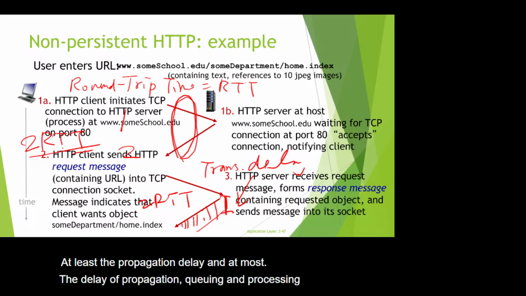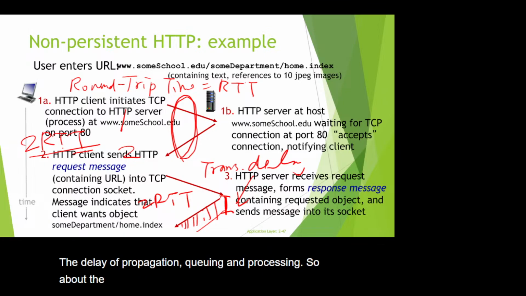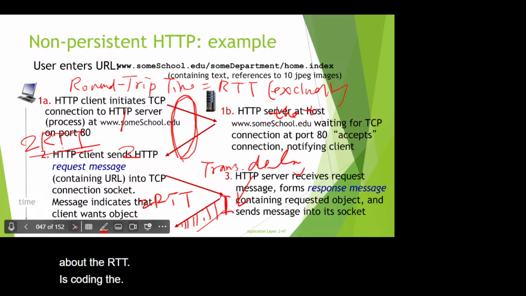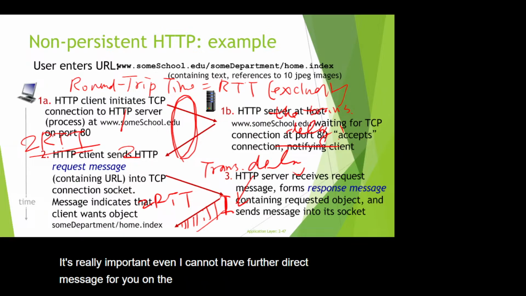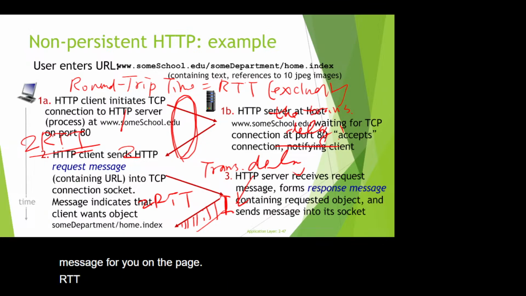So about the RTT, excluding the transmission only. All right, it's really important, even though I cannot put a direct message for you on the page. RTT excludes the transmission delay and includes the remaining delays.